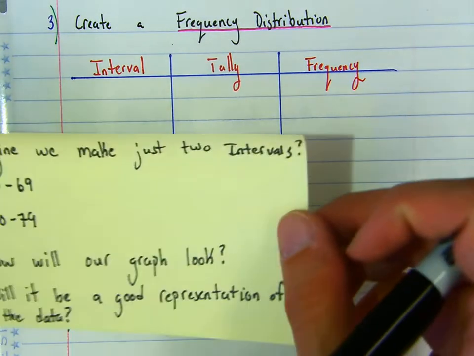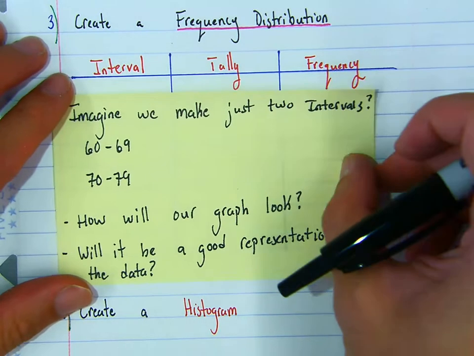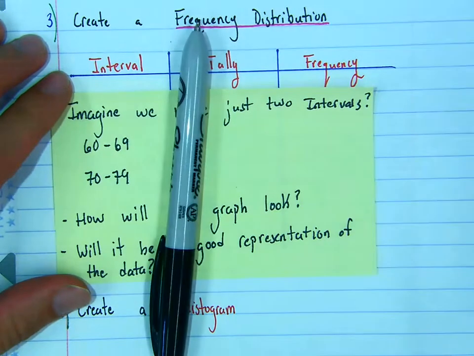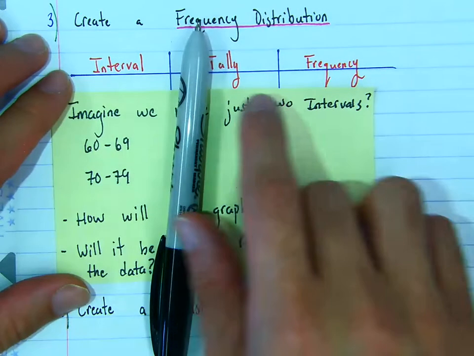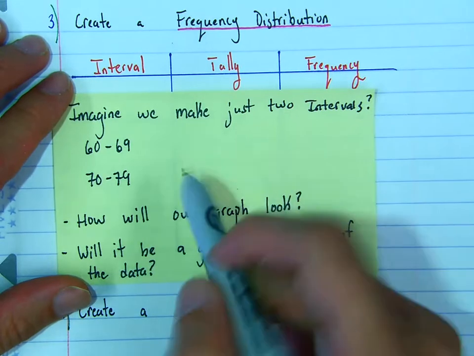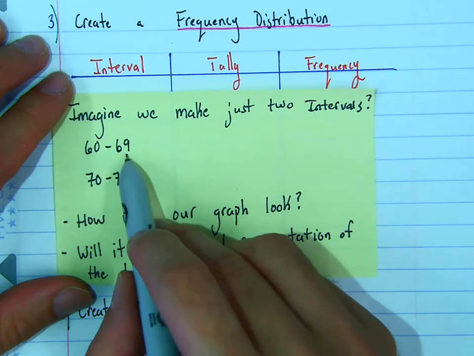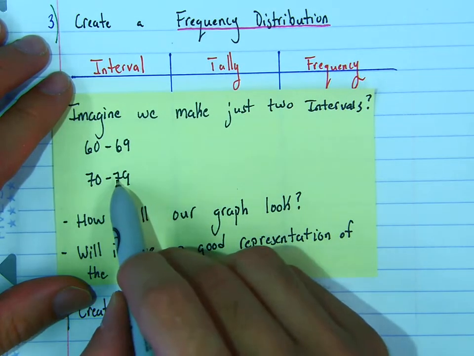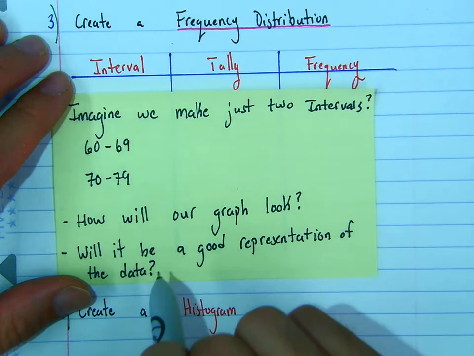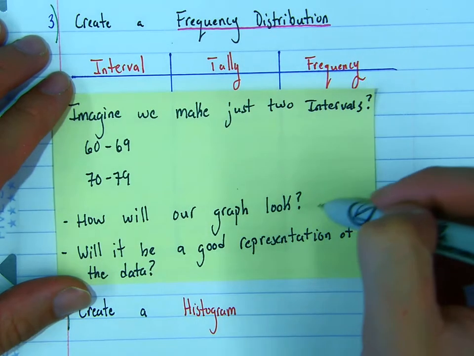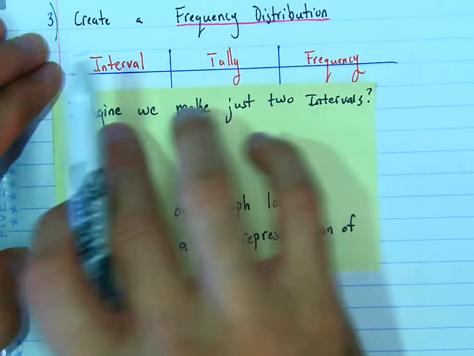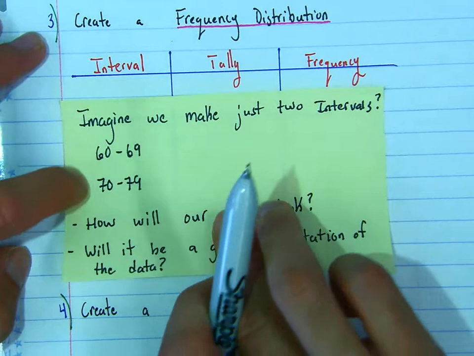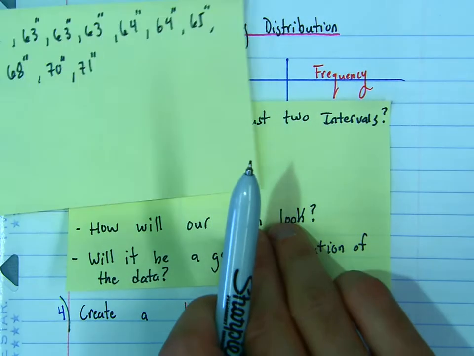Imagine if I just had 2 interval ranges, like let's say something between 60 and 69 and 70 and 79. How would our data values look? How would our graph look if we just had these 2 interval ranges to capture all these data values?